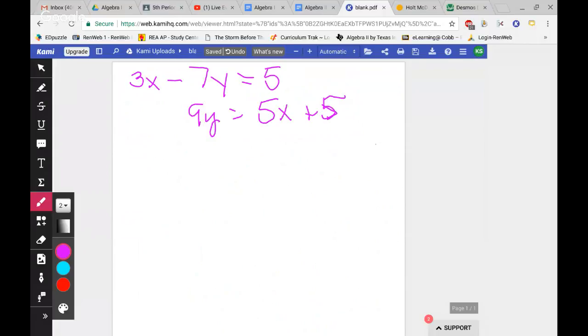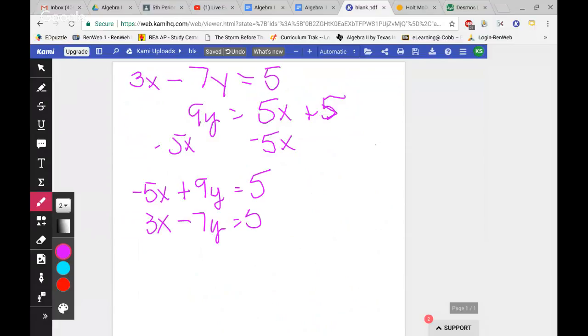So the very first thing I'm going to have to do is put that bottom one into standard form. I'm going to do that by subtracting 5x from both sides. So then I'll have negative 5x plus 9y equals 5. And I'm going to go ahead and rewrite that top one underneath so we have a good view of both. 3x minus 7y equals 5.